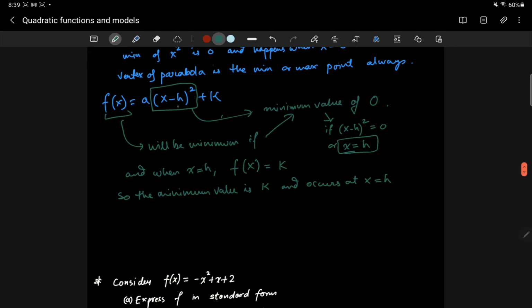And it's fairly obvious from here, just from transformation, right? This means it's moving h units to the right and k units up, which is also the vertex, right? So the vertex is at h comma k, which says the exact same thing because that is the input or the x value and that's the output or the y value at the minimum.